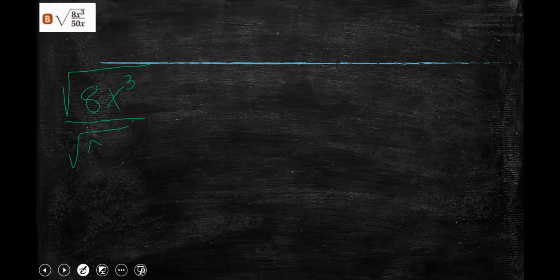Okay. Now here, as you see, we have variables and we have numbers, but these numbers are not a perfect square number. So let's now write them like this here. Let's first simplify the fractions. Give me a number that can be divided by 2, 8, and 50.